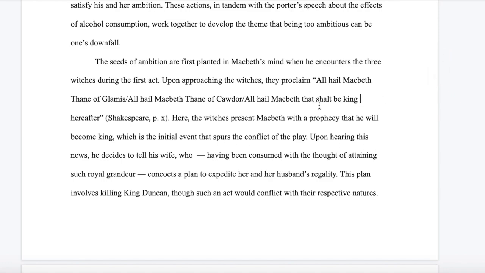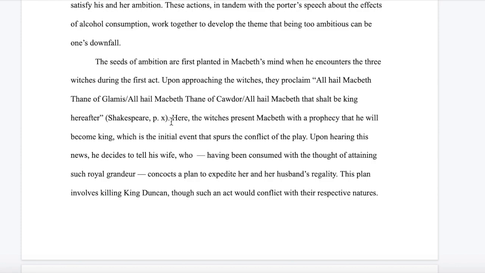So I have text evidence that both exemplifies and proves, because not only do I give an example of what they said to plant the seeds of ambition into Macbeth's head, I also provide a quote that gets into how they were able to do that. So I say, upon approaching the witches, the three witches proclaim, and talk about how they hail him for being king.